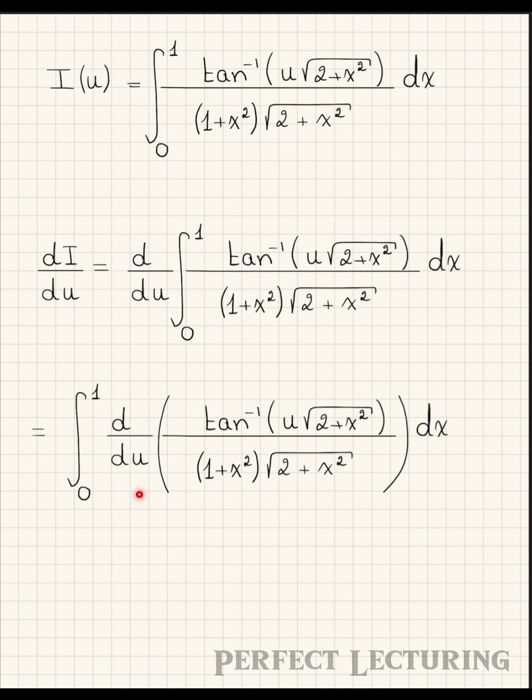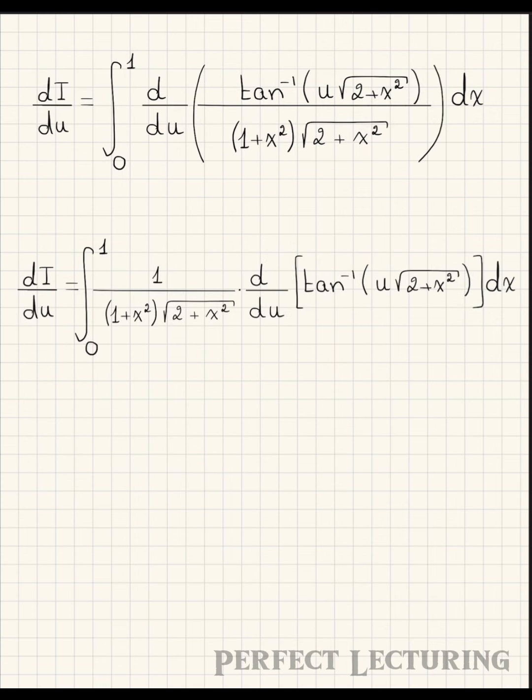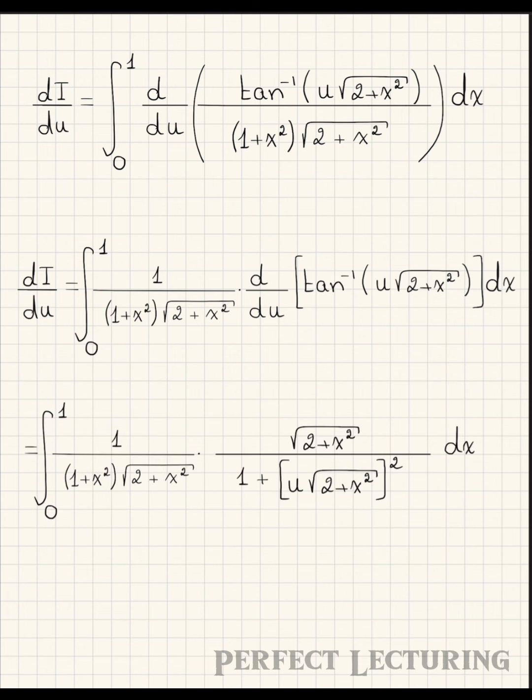So now we have to find the derivative of this function. To do that, we have to apply this formula. The derivative of tan inverse of some u of t is u prime of t over 1 plus u squared of t. So we can take out 1 over 1 plus x squared times the square root of 2 plus x squared outside the differential operator because it does not contain any u. So all we have to do is differentiate this part, and that's what we get.